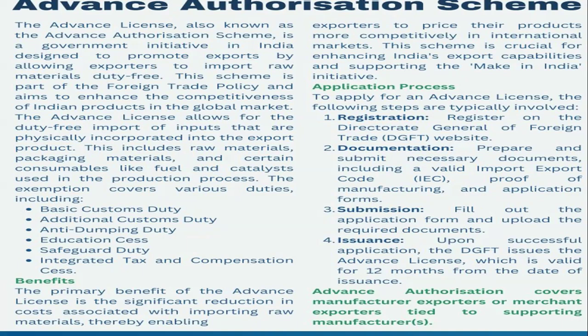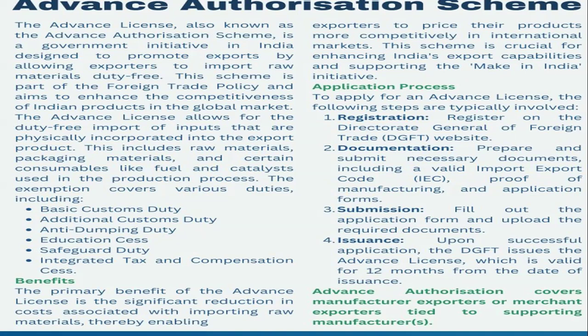This includes the raw materials, packing materials, and certain consumables like fuel and catalysts used in the production process. Okay, so what exemption is covered by this? What are the duty components which will be free by using advanced authorization?